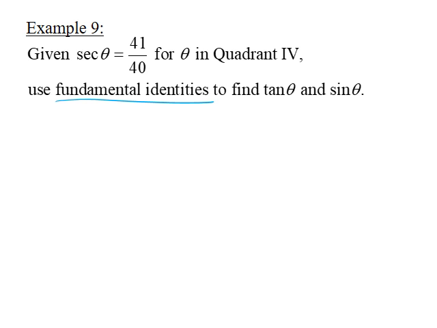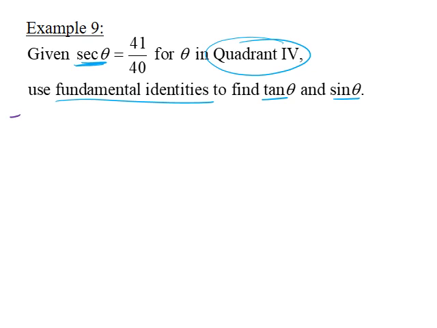So let's see what we're given. We are given information regarding secant, and we want to find tangent and sine. Okay, this quadrant 4 will also come in handy, and I'll show you why. All right, well, let's think of our Pythagorean identities.